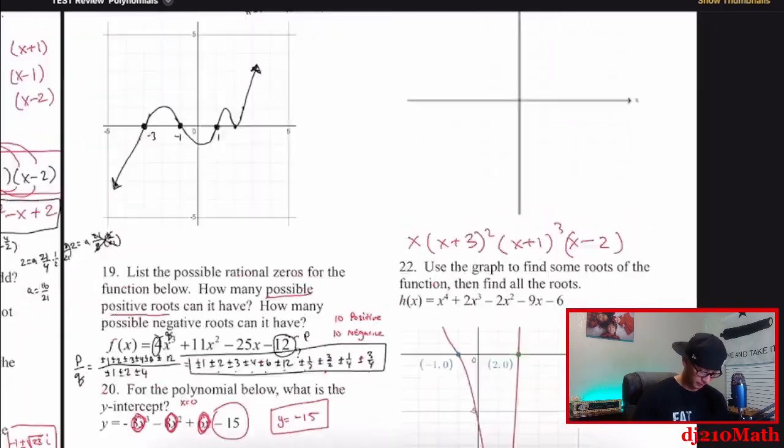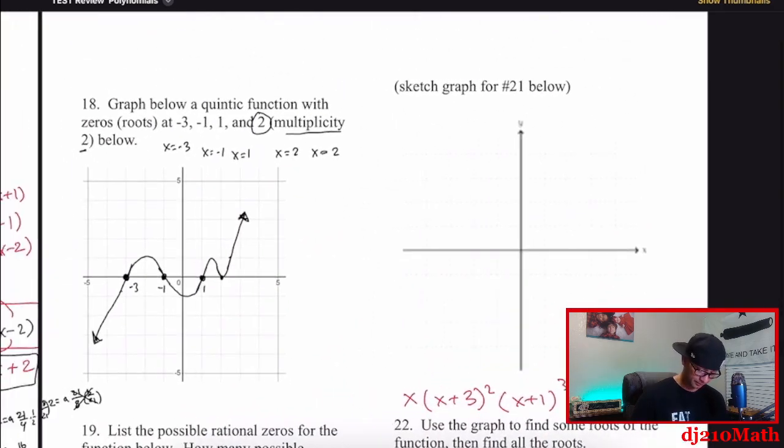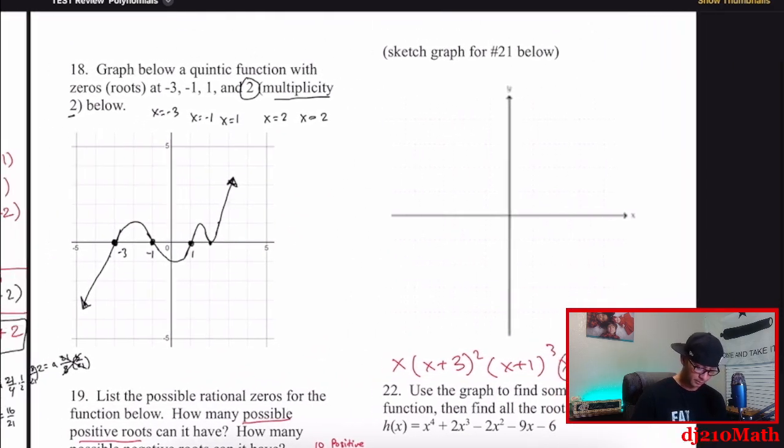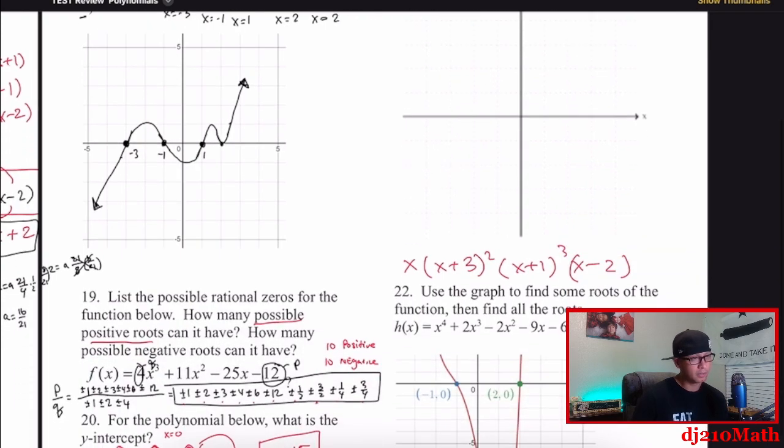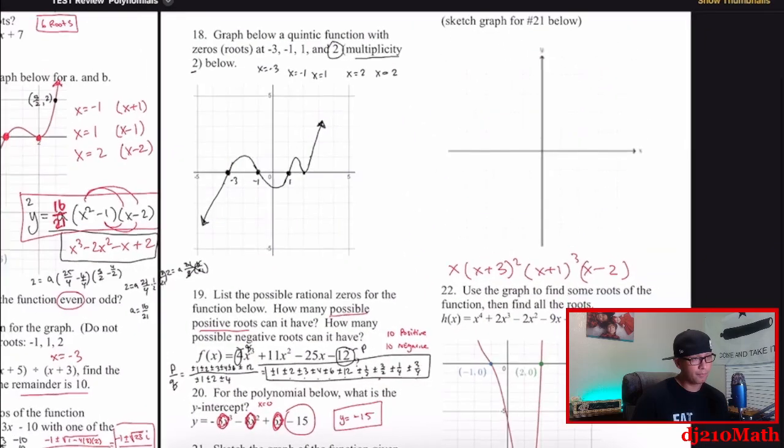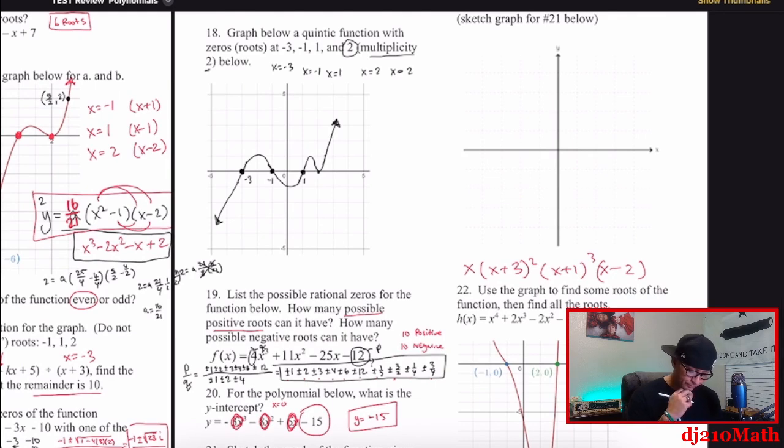Okay, we want to sketch this guy. So the roots are x equals 0. That's a root. Right, when x is by itself out in the front, that's just x equals 0.